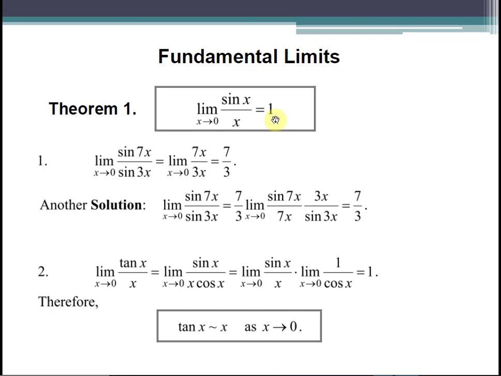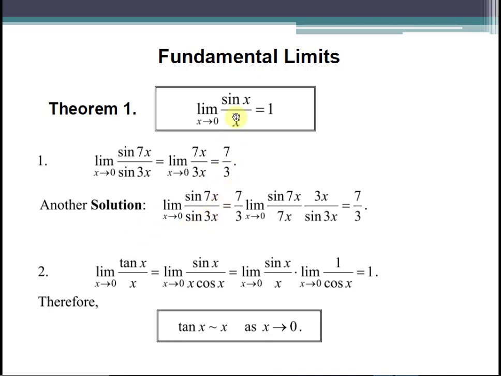There exists the notation of equivalency, and sine x will be equivalent with x as x tends to 0. So we can use this equivalency, and instead of sine 7x, write just 7x. Instead of sine 3x, write just 3x. And x are cancelled, and we have just 7 over 3.